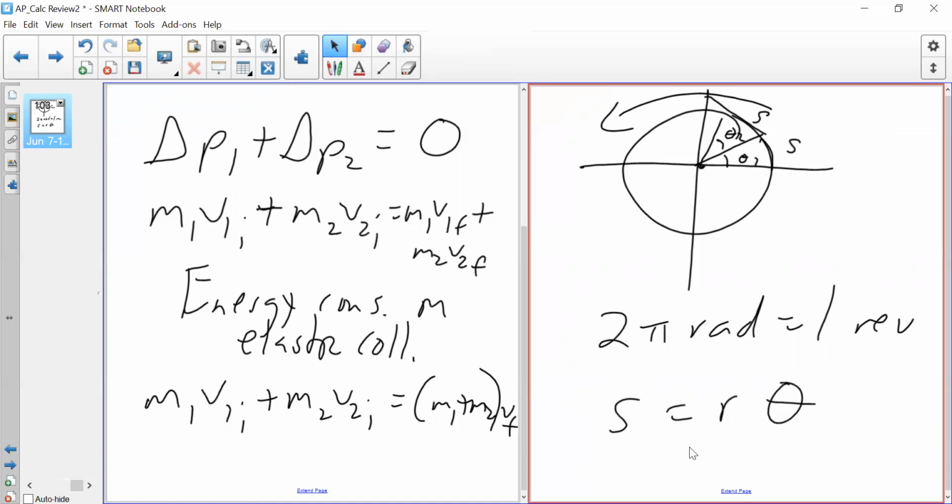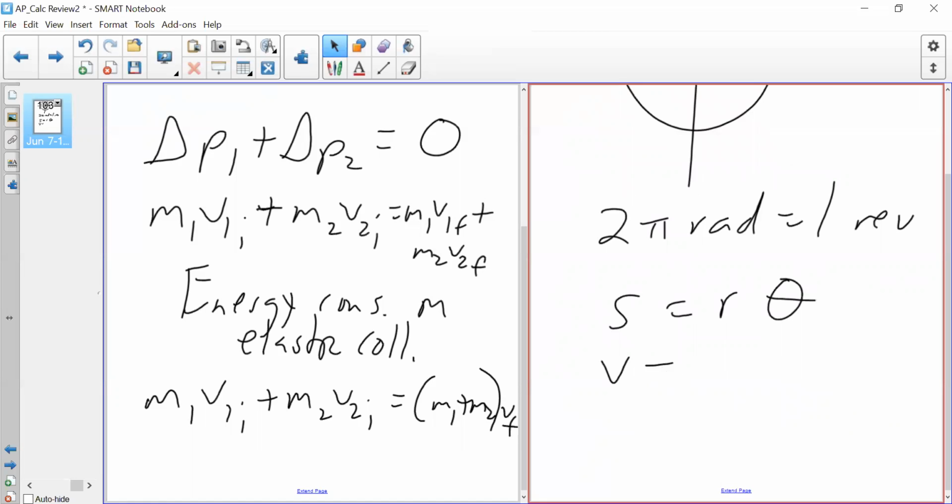V equals r omega. A equals r alpha. So there's a transformation from linear to rotational by way of this radius. We are taking that point mass and extending it. It's really like a power series: point masses becoming this rotational shape through a radius. That's the transformer from linear to rotational.